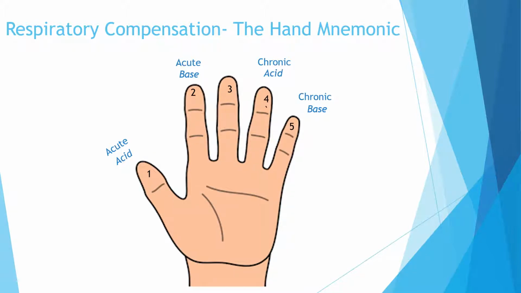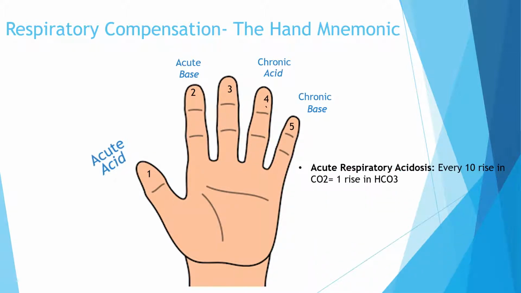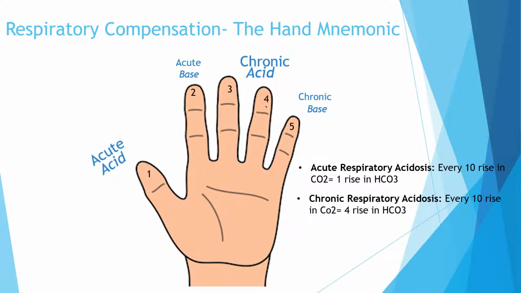So for example, for acute respiratory acidosis, for every 10 rise in your carbon dioxide, it should lead to 1 rise in your bicarb, which corresponds to the first digit. For chronic respiratory acidosis, for every 10 rise in your carbon dioxide should lead to a 4-point rise in your bicarb, corresponding to your fourth digit.